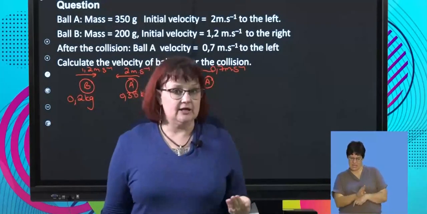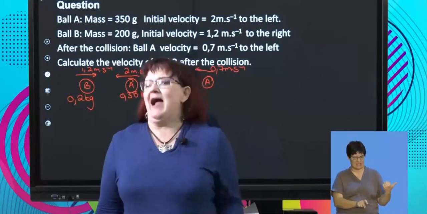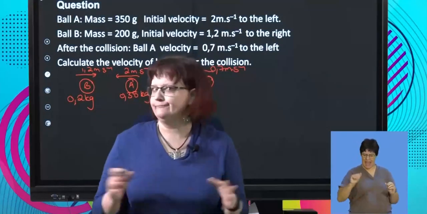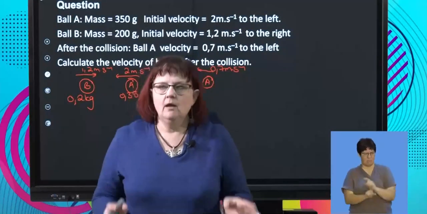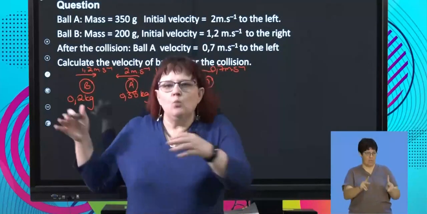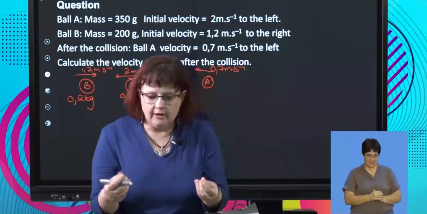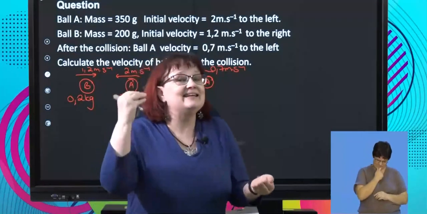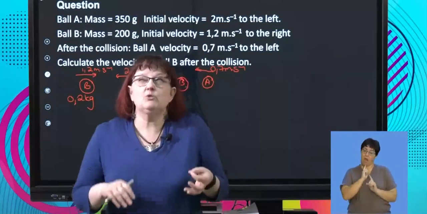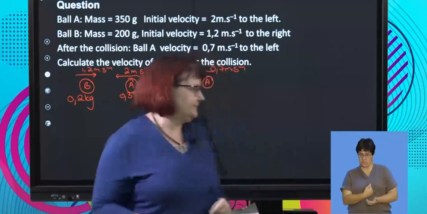Ball B needs to change direction. For it to keep going to the right, somehow it's got to jump over ball A. Not going to happen. If you don't see that, it's okay. It'll work itself out in the question. But I'm looking at the problem and going, what do I expect in my answer? What do I think the velocity is going to be?